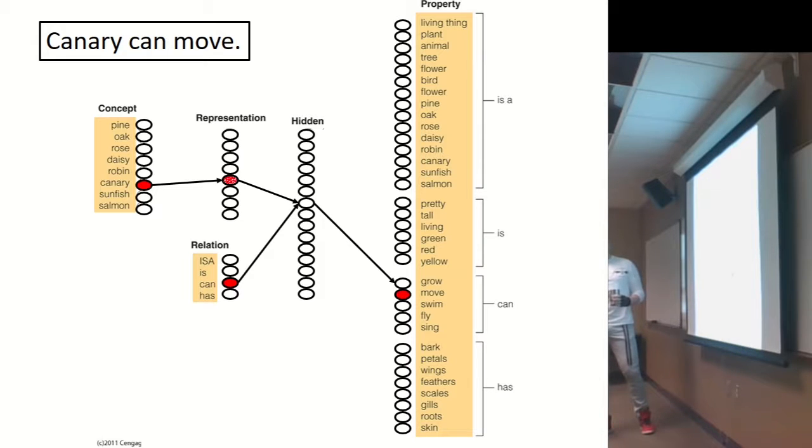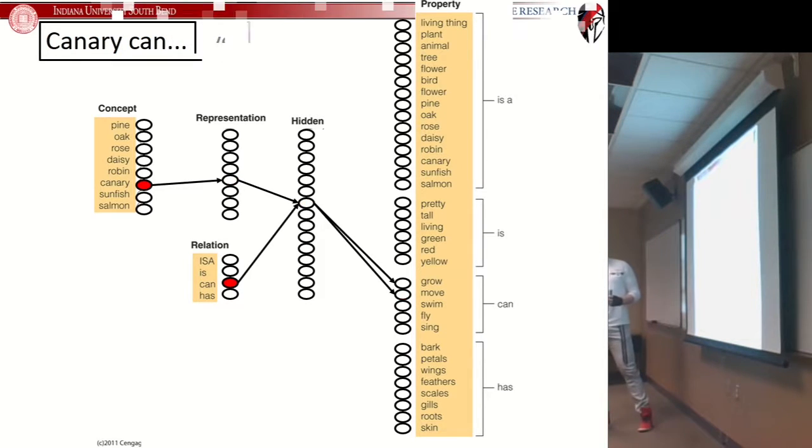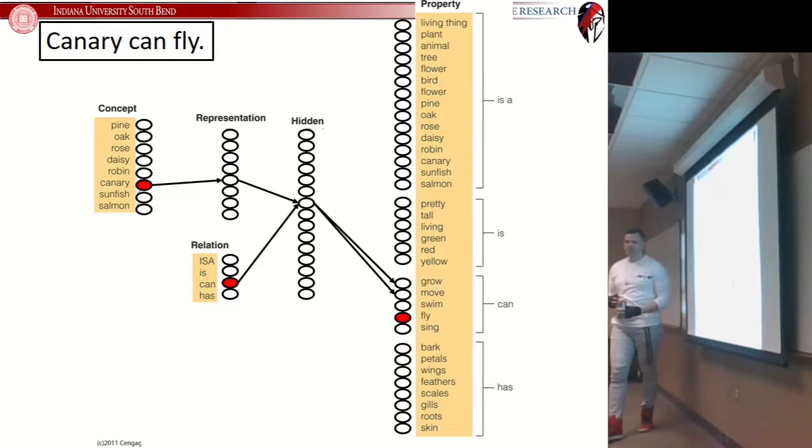And we might be able to do that using that same hidden node and just link that down to move as well. So we're kind of building the connections in our model to try to have this connectionist network that represents our knowledge. So now we have those connections. And we continue on. A canary can fly. So we continue to build our knowledge about connections.